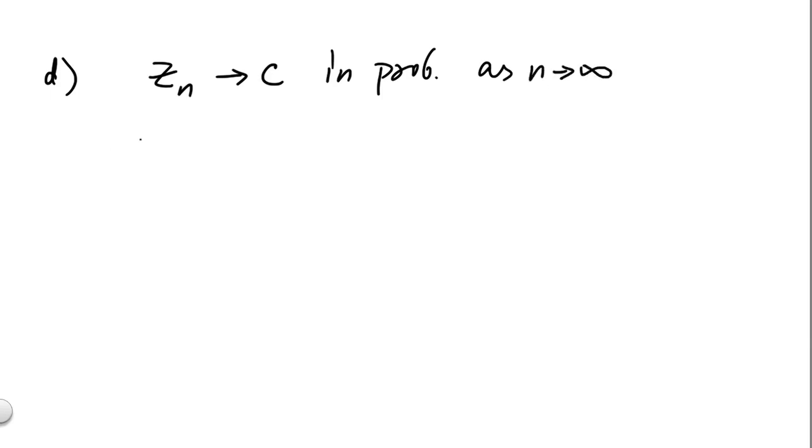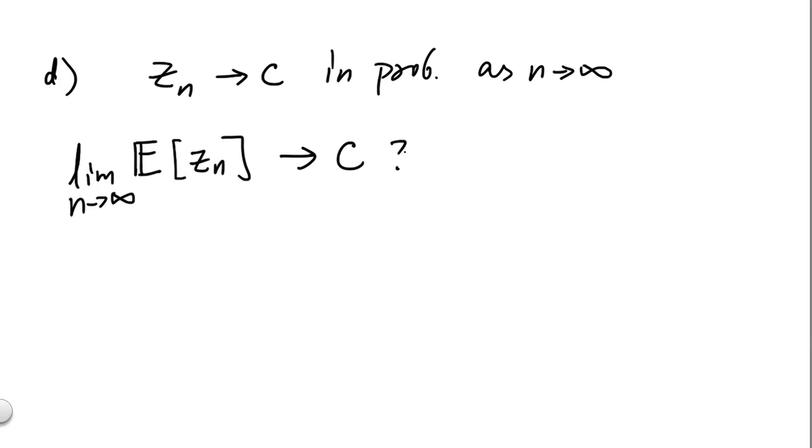For part D, we'd like to know whether convergence in probability implies convergence in expectation. That is, if we have a sequence of random variables, let's call it Zn, that converges to a number C in probability as n goes to infinity, does it also imply that the limit as n goes to infinity of the expected value of Zn also converges to C?